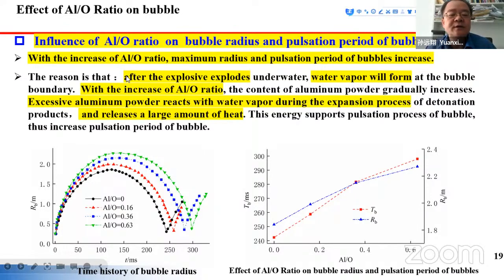The reason is that after the explosive explodes underwater, water vapor forms at the bubble boundary. With the increase of the ratio, the content of aluminum powder gradually increases, and the excessive aluminum powder reacts with the water vapor during the expansion process and releases a large amount of heat.